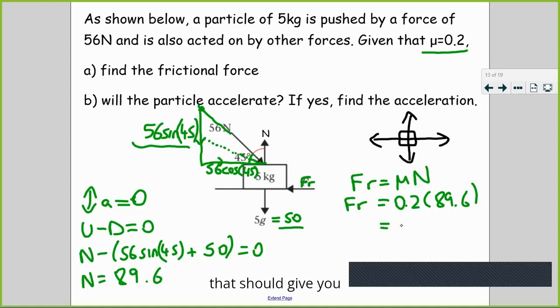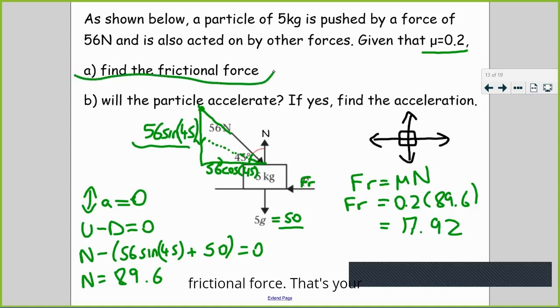That should give you 17.92. That's your frictional force. That's your part A. Now, moving on to part B.